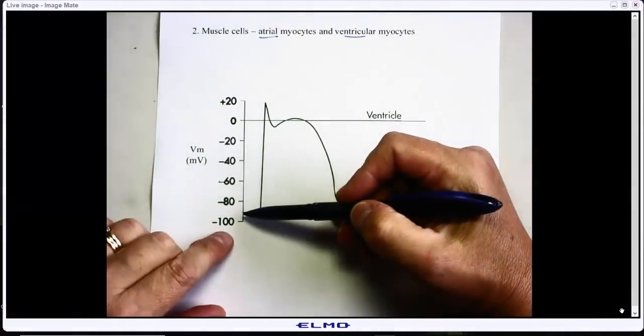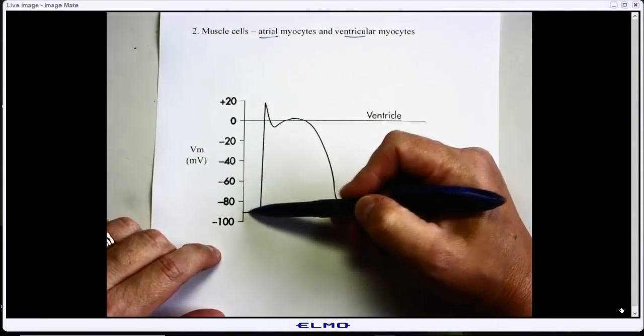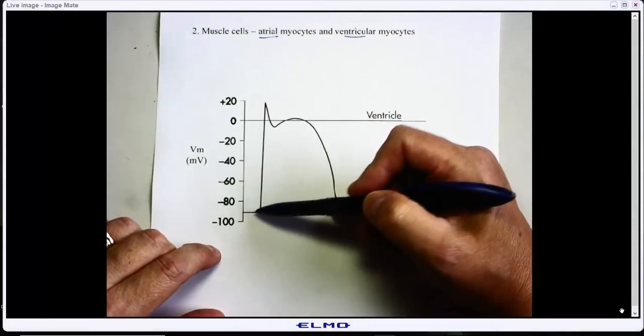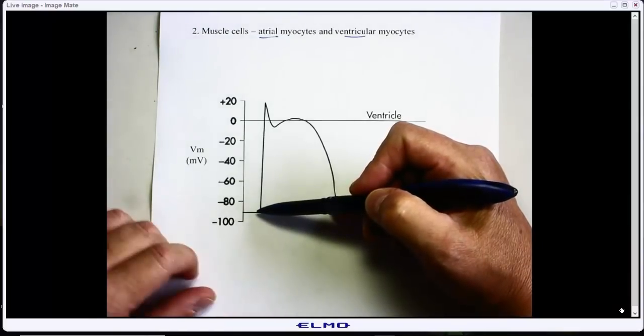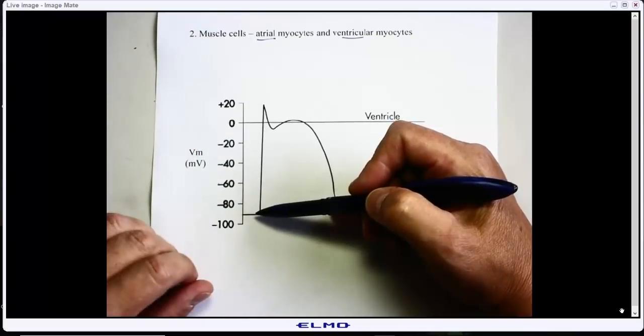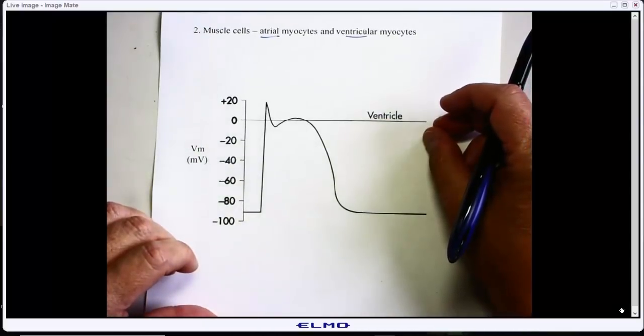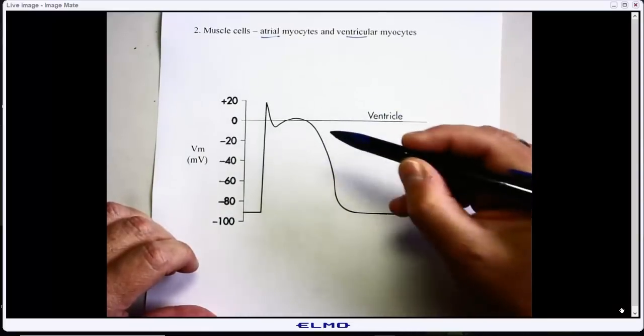So we have a resting membrane potential of around -90, and it is flat. So this means it's not a spontaneous depolarizer here. It's sitting waiting for an action potential to come along. It's waiting for those Purkinje fibers to change their membrane potential, and these guys are electrically connected to those.